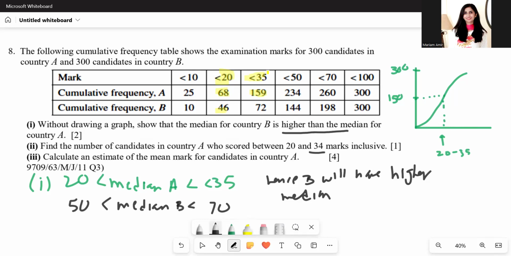So how many score between 20 and 34? That will be the difference of these two. So for part 2, we do 159 minus 68, which would give us 91.